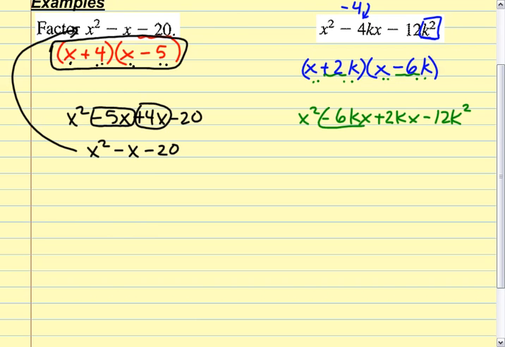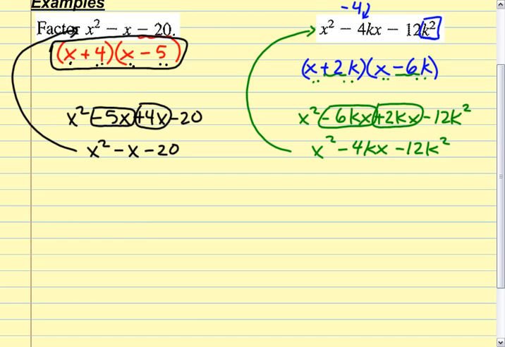Now these two middle terms, these linear terms, I can add together. They're like terms. So I'm going to get x squared minus 4kx minus 12k squared. Is that what I started with? It is what I started with. Let me erase just so I can see it. Oh yeah, that's right. So these are the factored parts of x squared minus 4kx minus 12k squared, and that's what they wanted.